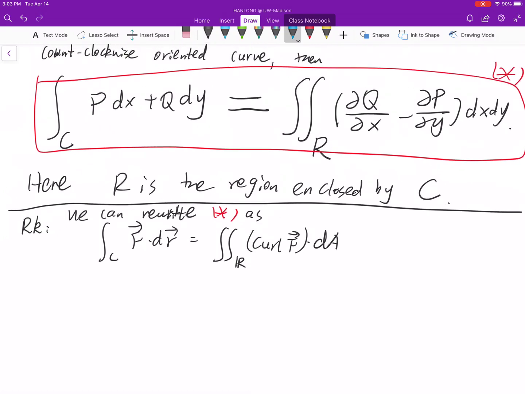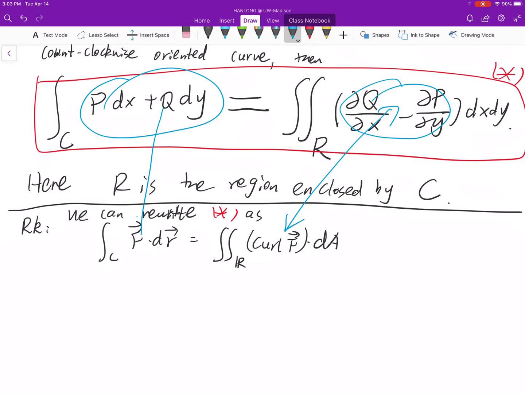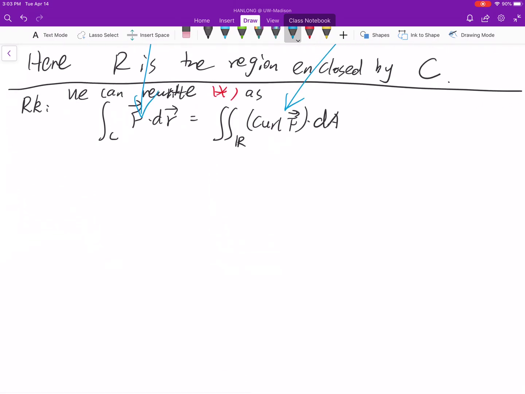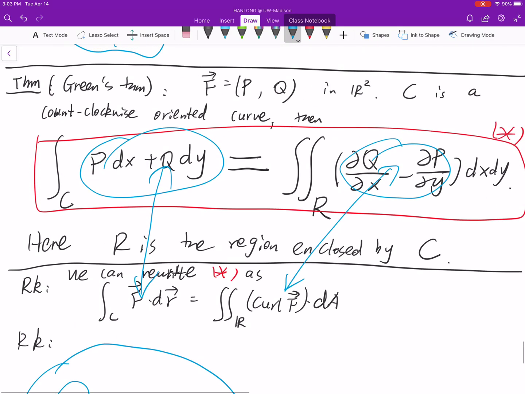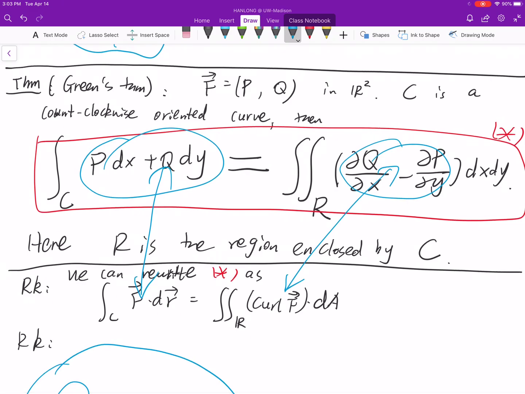So this quantity is just curl F, and this is the line integral of F, the line integral of the second kind. Okay, if we draw a picture, then what does it say? So you might have some holes here, and okay, I should assume this is simply connected. Sorry, it's simply connected.